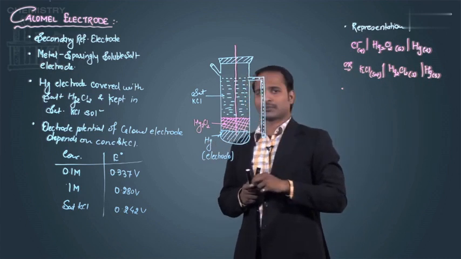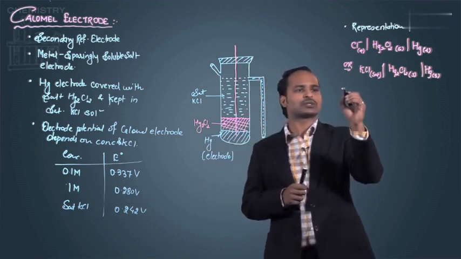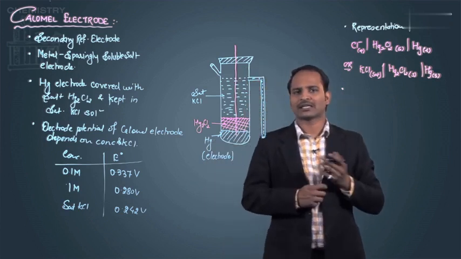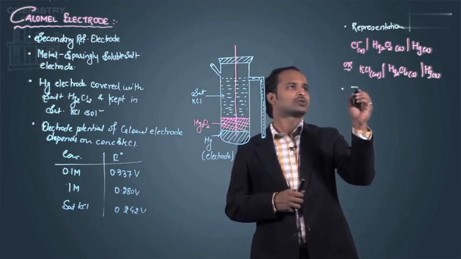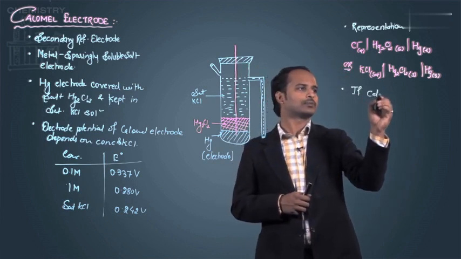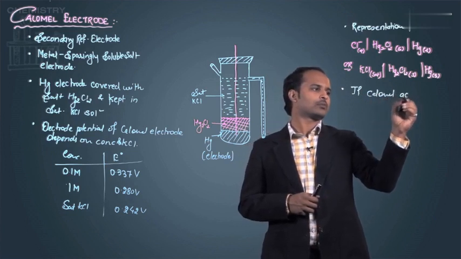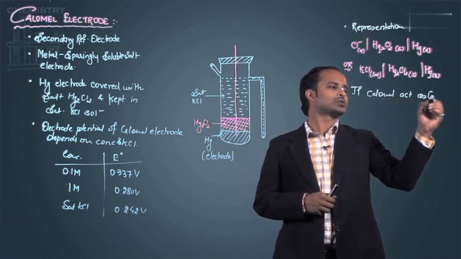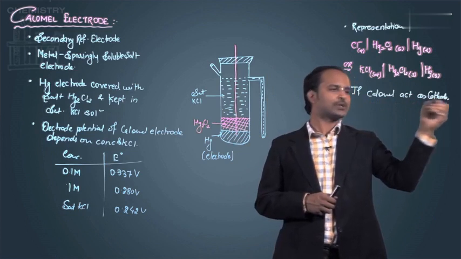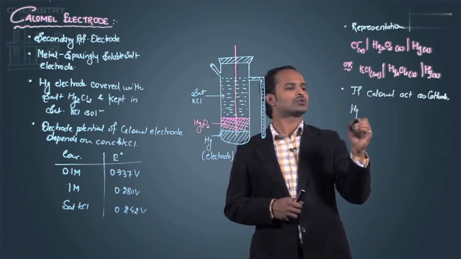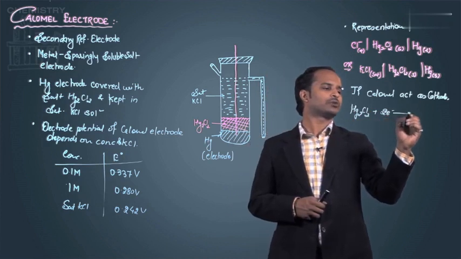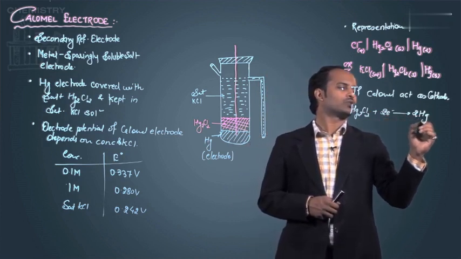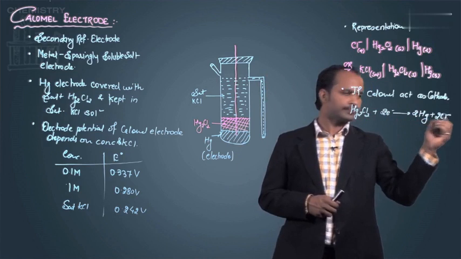Like the SHE, this also acts as an anode as well as a cathode, depending upon its oxidation potential with respect to the other electrode. If calomel acts as a cathode, reduction will take place. Hg2Cl2, which is a salt, will gain electrons and produce 2Hg plus 2Cl minus.